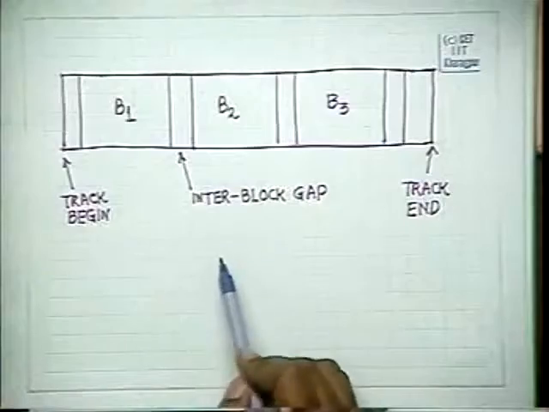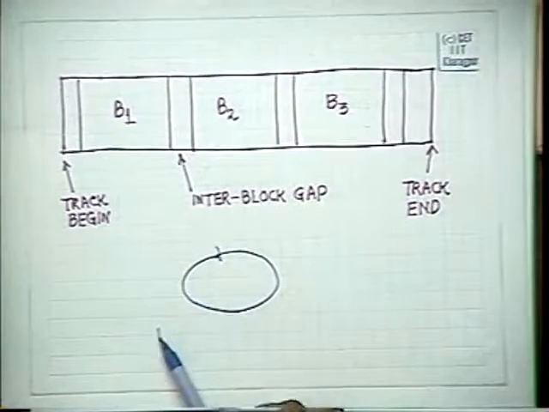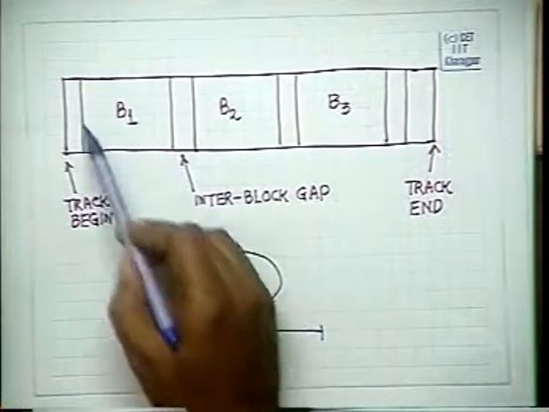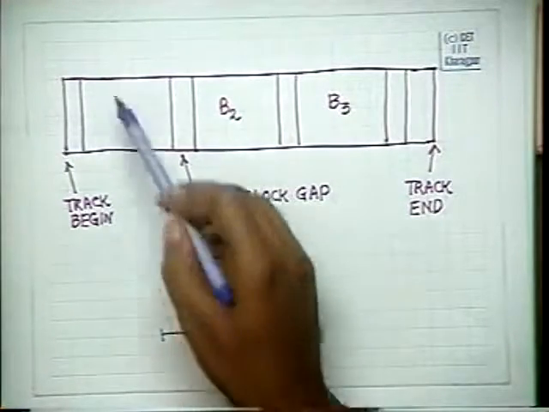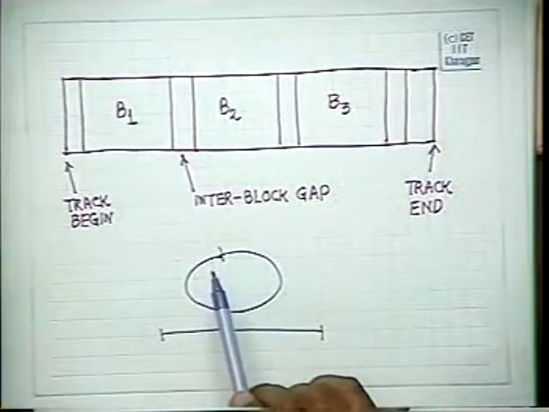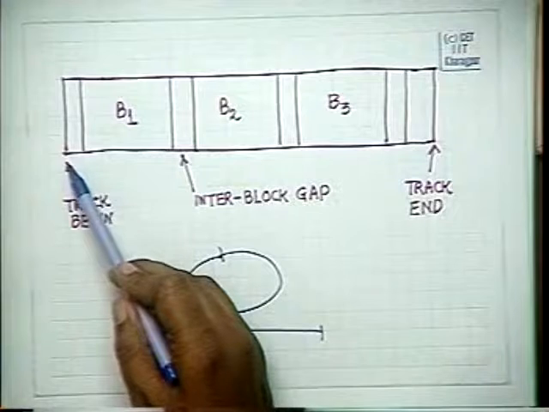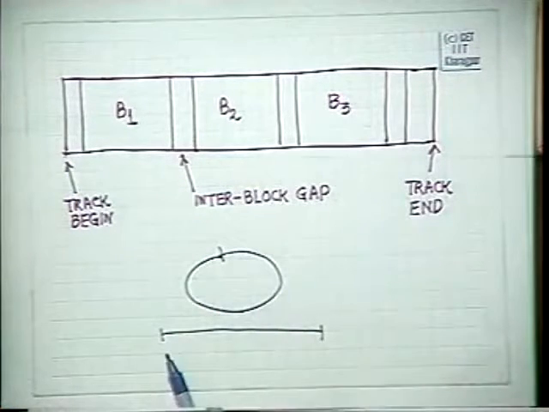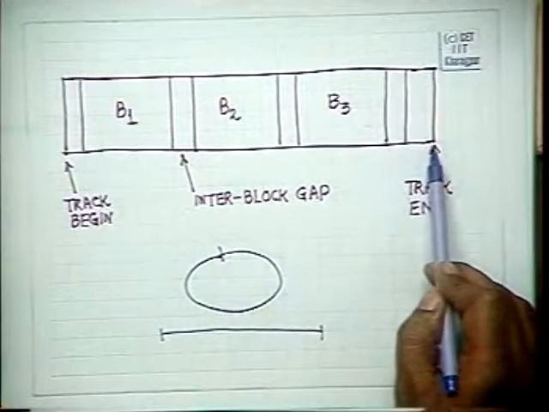So if we just open up a track which is a concentric circle like this, if we just cut it and unfold it and open it like this, then suppose the track looks like this, and we have added some dimension to it, but actually it may not mean anything. It will have a beginning of a track, it will have the end of a track.